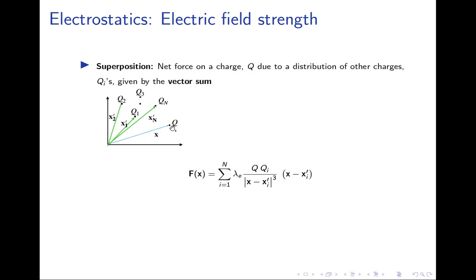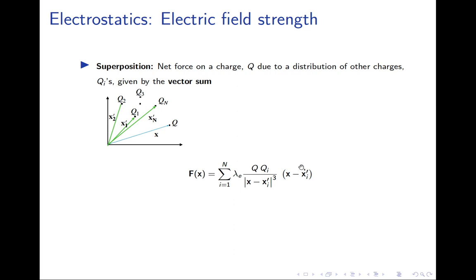Okay. So we already know Coulomb's law tells you what is the force on q due to q1, q2, up to qn, and force is a vector quantity, so we have to sum all those Coulomb forces acting on q due to the other charges. This is exactly represented by this vector sum.